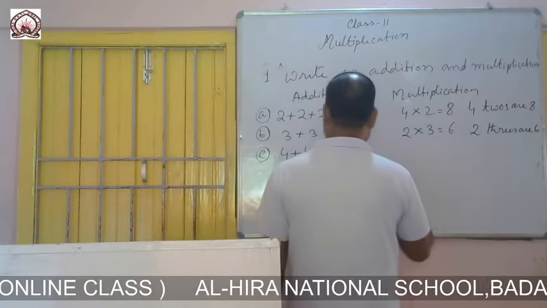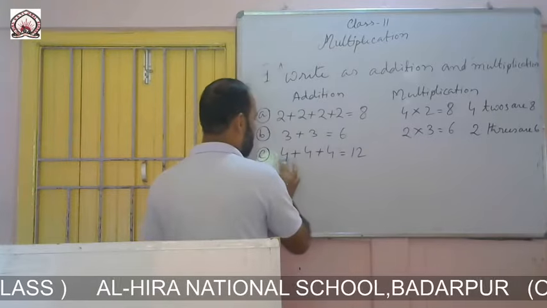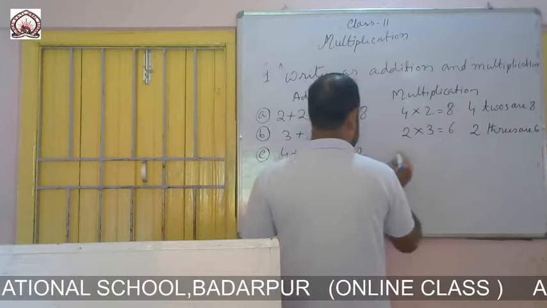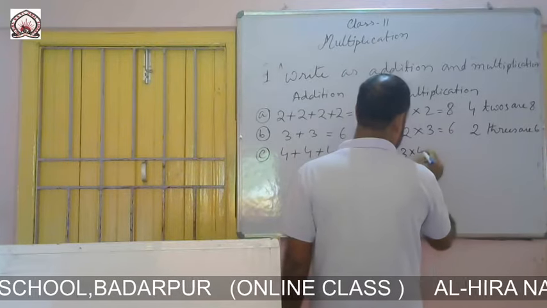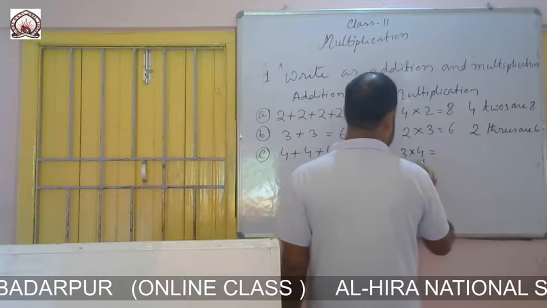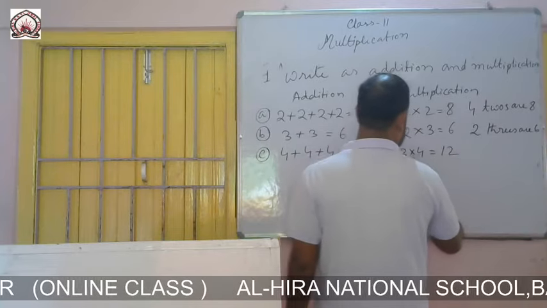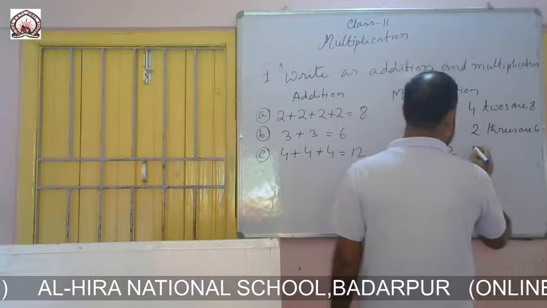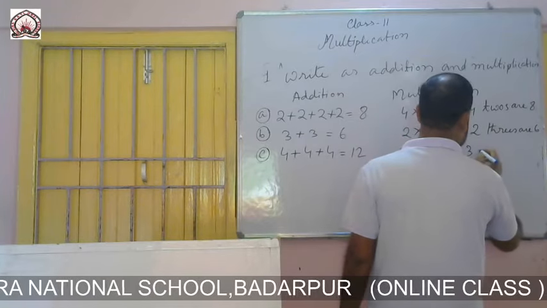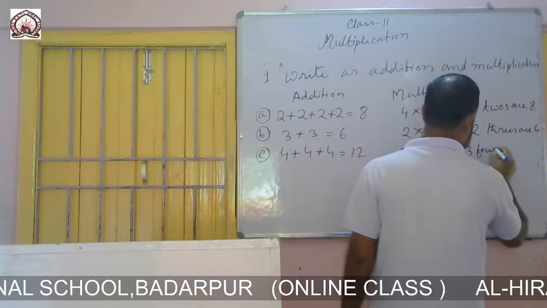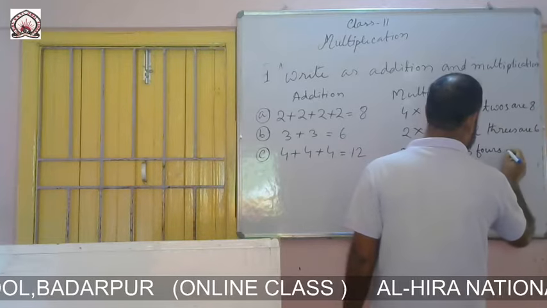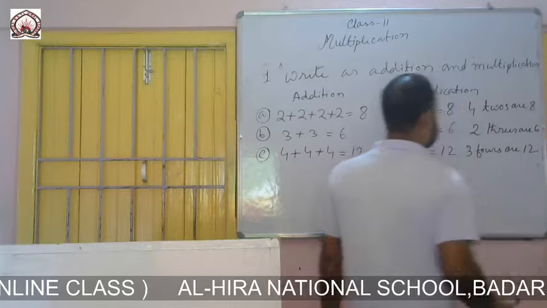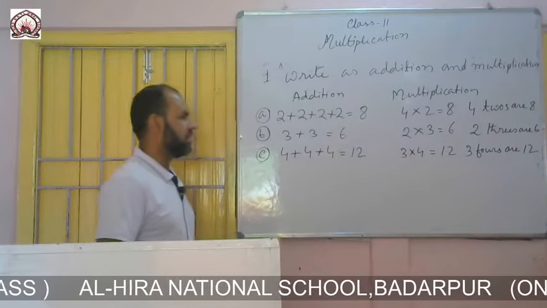So in multiplication we write 4 how many times? 1, 2, 3. 3 times 4 equal to 12. 3 4s are 12. In words we write 3 4s are 12.